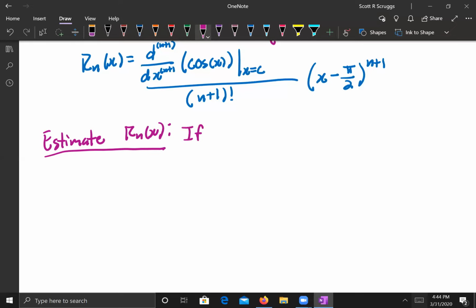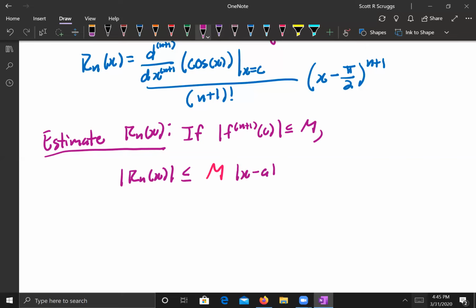Well, if I know that this is bounded by some positive number M, then I win, because I can now bound my remainder in absolute value by M times the absolute value of x minus the center to the n plus 1, divided by n plus 1 factorial.